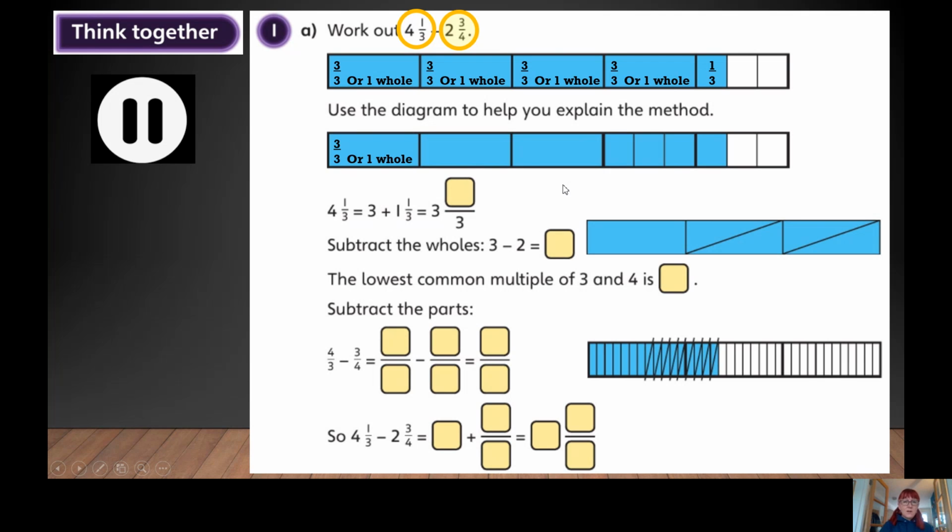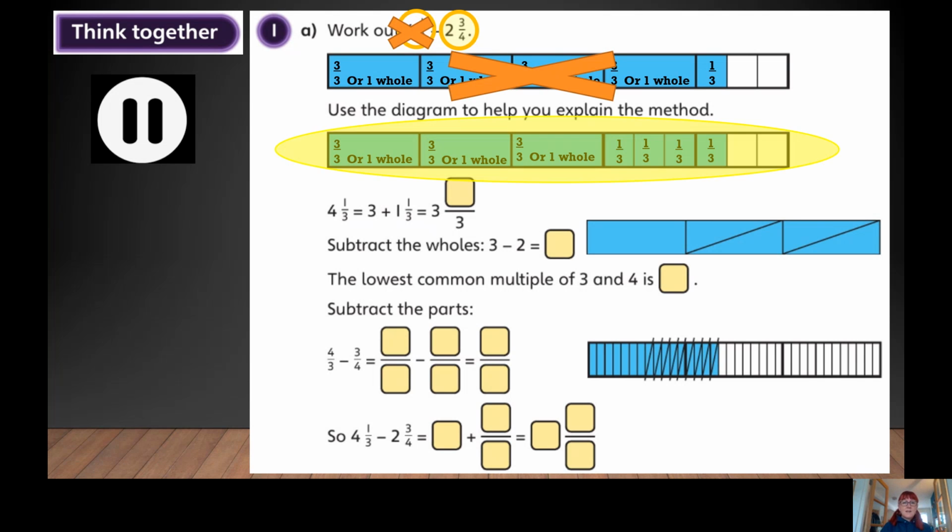Well, we've got 1 whole, 2 whole, 3 wholes. Good. And this next whole has been split into an improper fraction because there's 1, 2, 3, 4 thirds. So we've got 1, 2, 3 wholes and 4 thirds, which leads us to our first populated answer. Here, 4 1/3 is the equivalent to 3, okay, and 4 thirds.